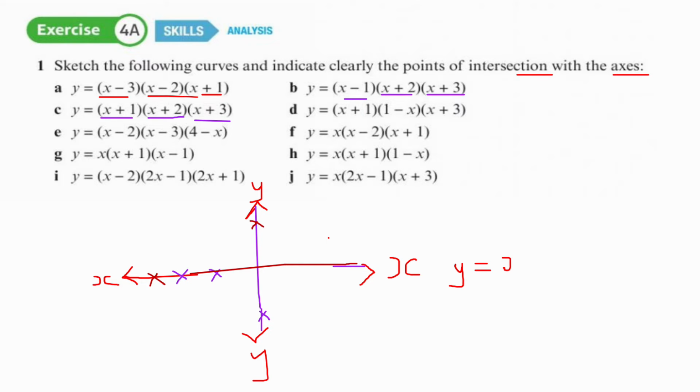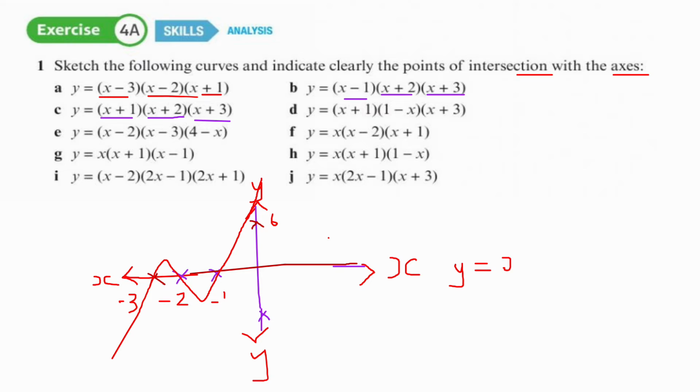So it's going to look something like this, guys. It didn't quite go through it there, but that's fine, it's a rough sketch, so I'll try it again. Okay, that's fine, so something like that for part C. So it crosses the y-axis at 6, and at minus 1, minus 2, and minus 3 on the x-axis.